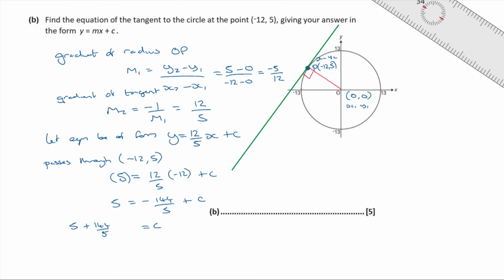Well, 5 is 25 over 5, and then 144 over 5 plus 25 over 5 is 169 over 5. So c is 169 over 5. Completing this equation, therefore, the equation is y equals 12 over 5 x plus 169 over 5.